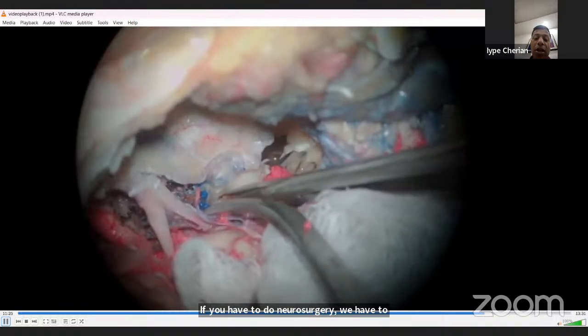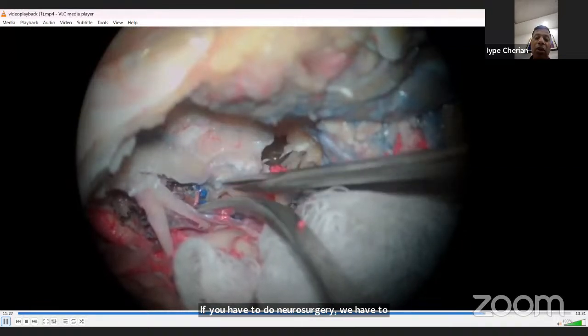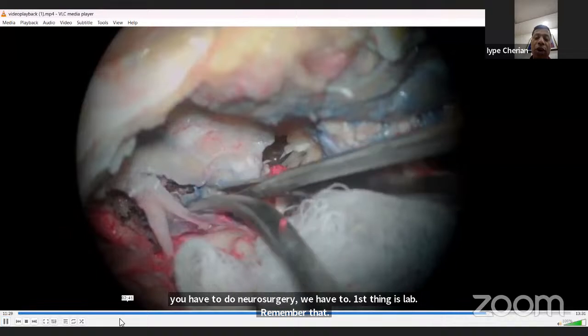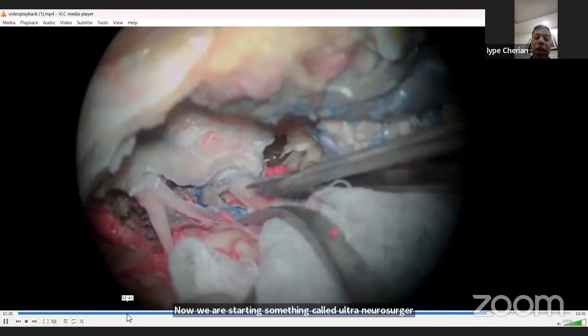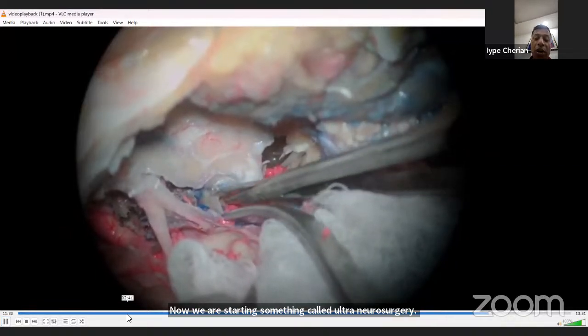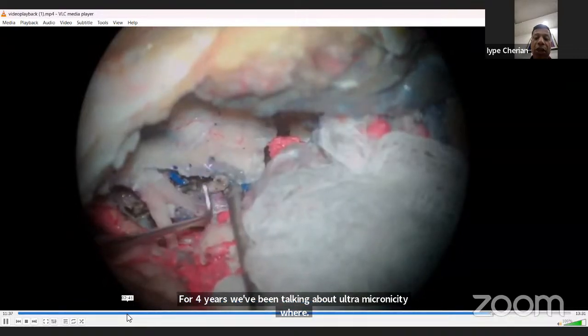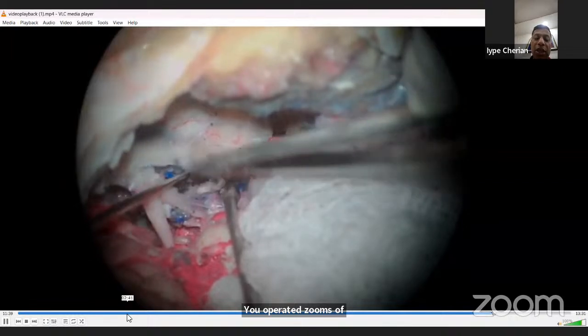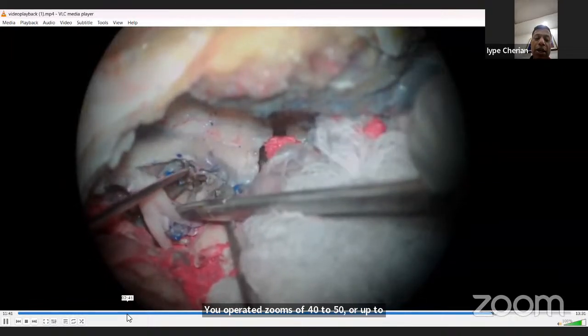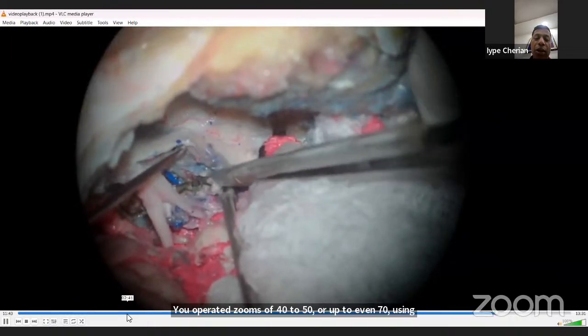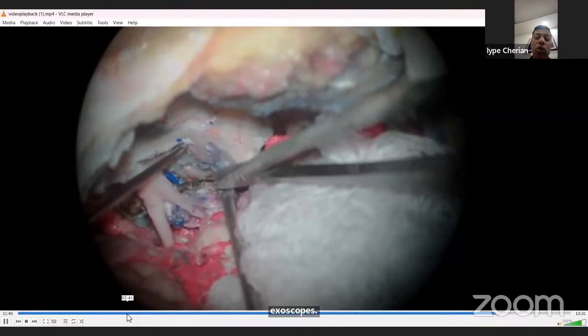Remember that. Now we are starting something called ultra micro neurosurgery. For 4 years, we've been talking about ultra micro neurosurgery, where you operate at zooms of 40 to 50 or up to even 70 using exoscopes. I believe that's the future. So I'm developing each of these windows now.